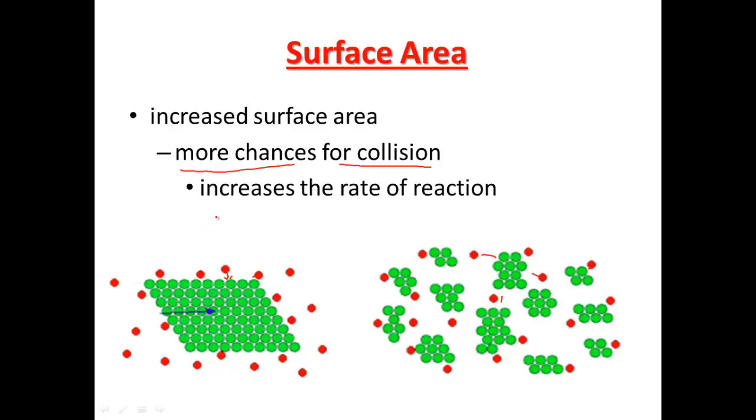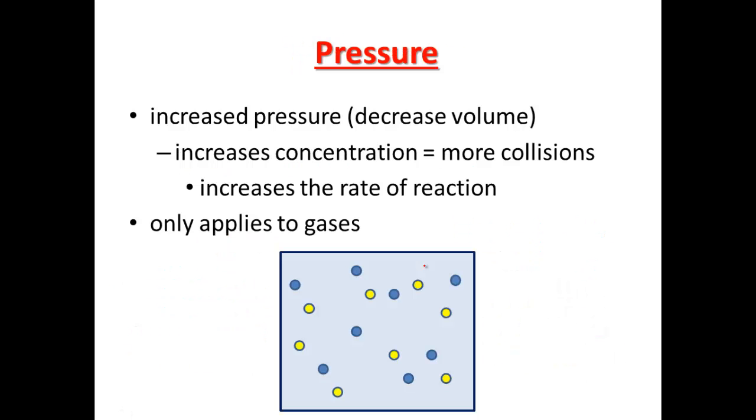So if we were to have, say, a block of material, a chunk of steel versus steel wool, this one's going to be much slower in reacting, spread apart a lot more. It's going to be a much faster reaction because we have the reactants able to contact each other much quicker and much more.